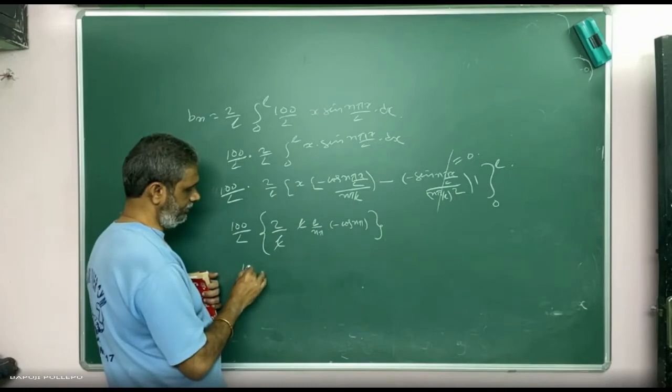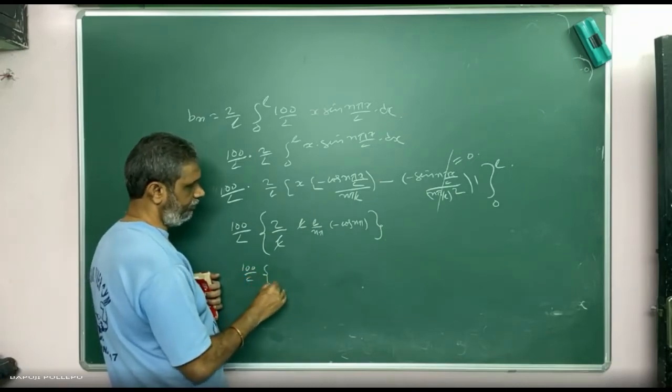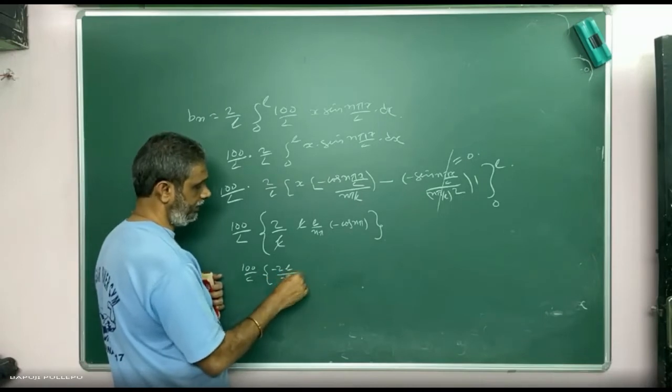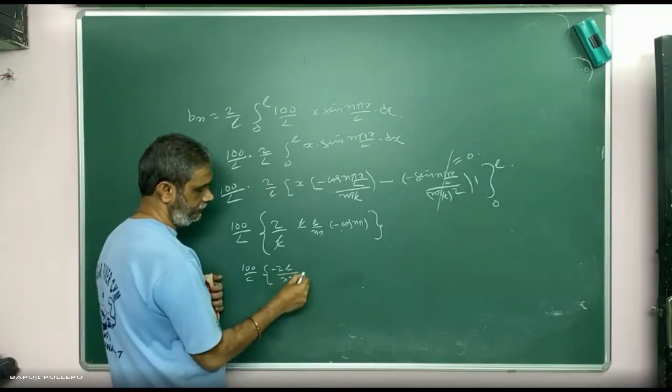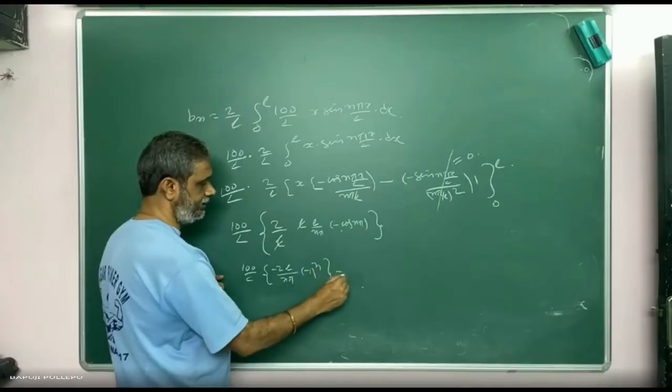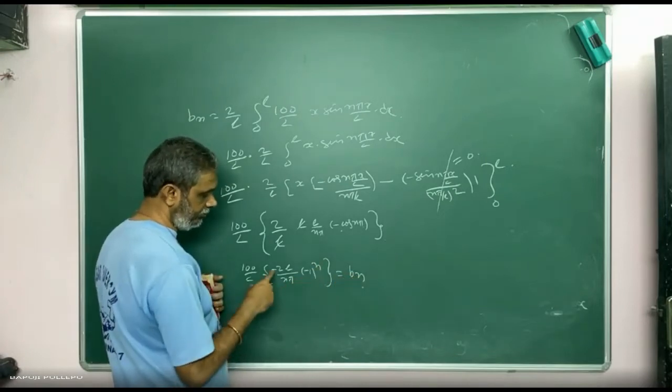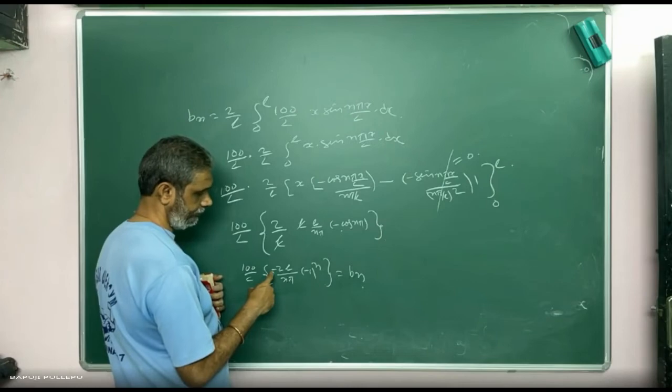So balance is 100 by L minus 2L by n pi. Cos n pi value is minus 1 to the power of n. So this is equal to Bn. Can I write minus 1 to the power of n plus 1? Can you agree? Yes, sir.